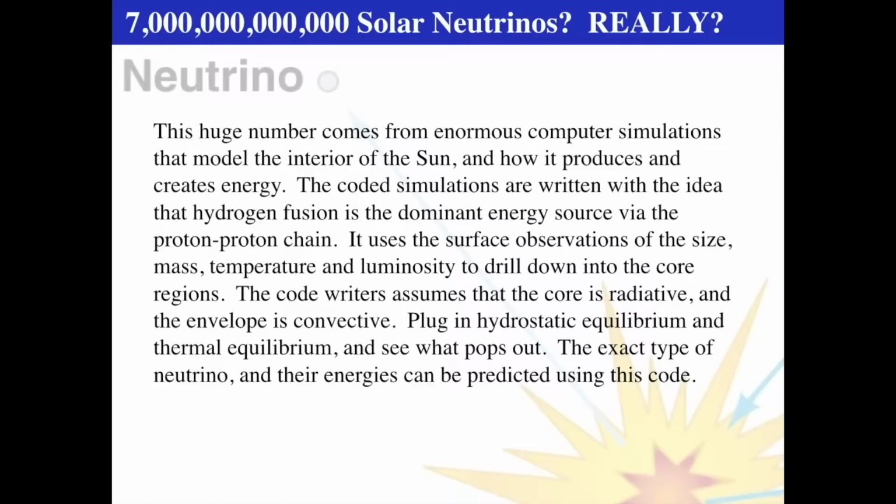You take this information and put it through the equations of stellar structure and make a computer simulation. Those simulations say the core has to be radiative, meaning energy is transported radiatively, and the outer surface is convective. You assume that the star is not getting bigger or smaller, which is called hydrostatic equilibrium, and that whatever energy is leaking out from the surface must be replenished at the center.